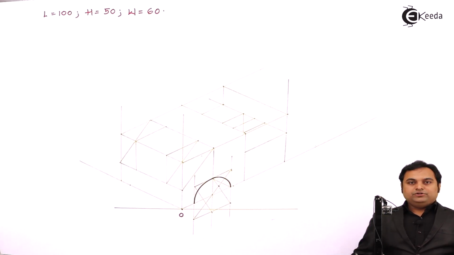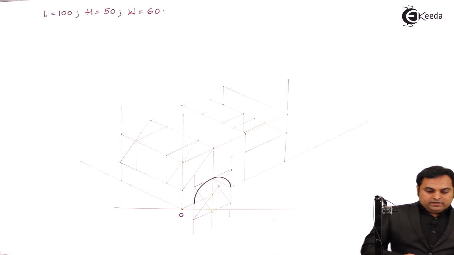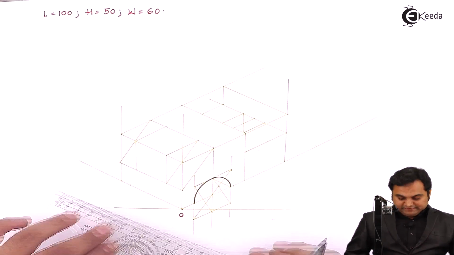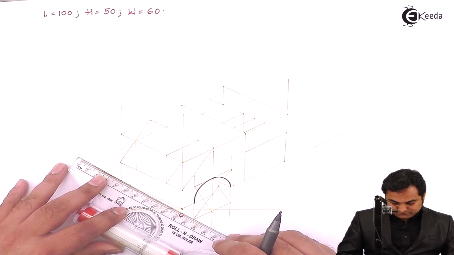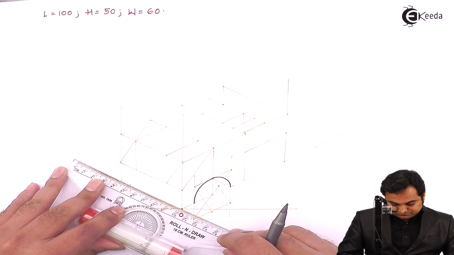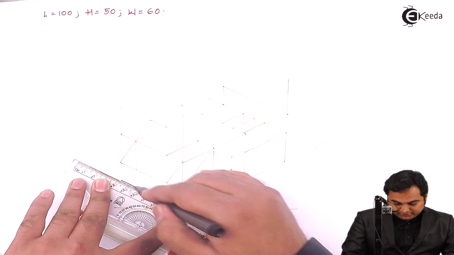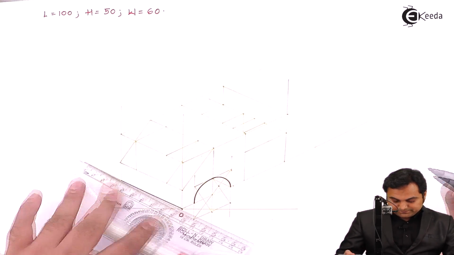Next, then I'll draw these surfaces dark, and at the same time I'll be explaining why I'm making a particular line dark. This is the complete width, and since it is an outline, it has to be dark.